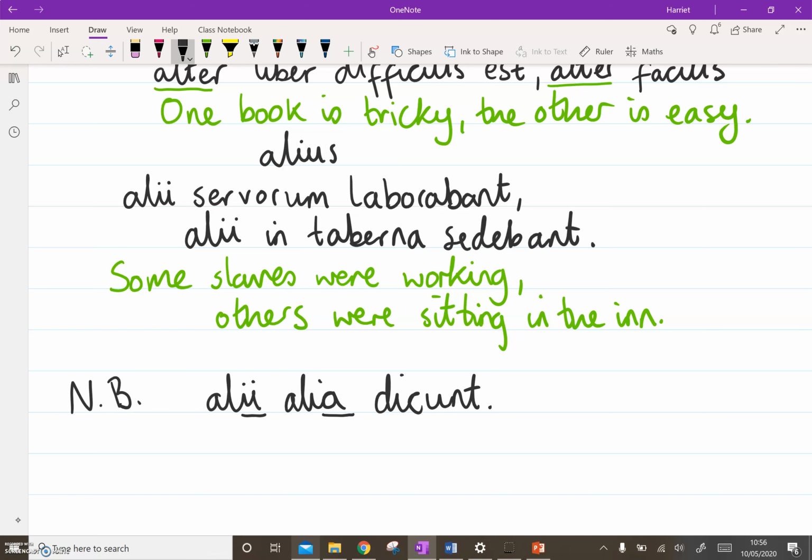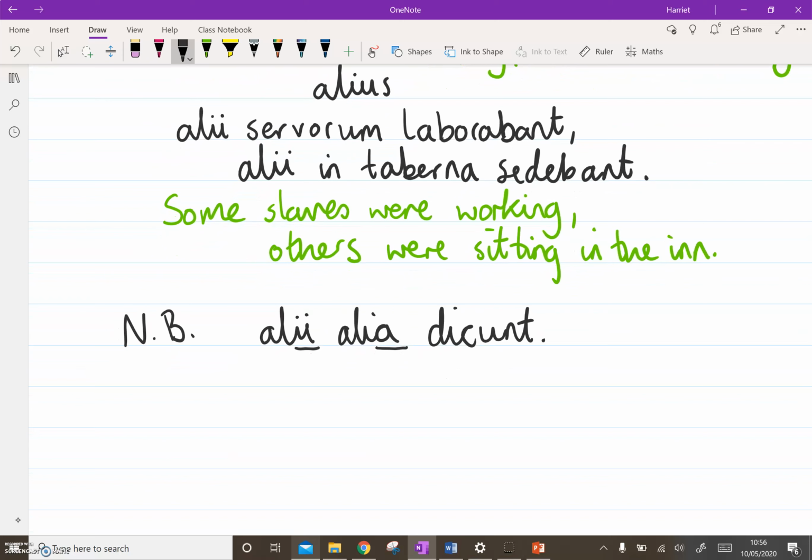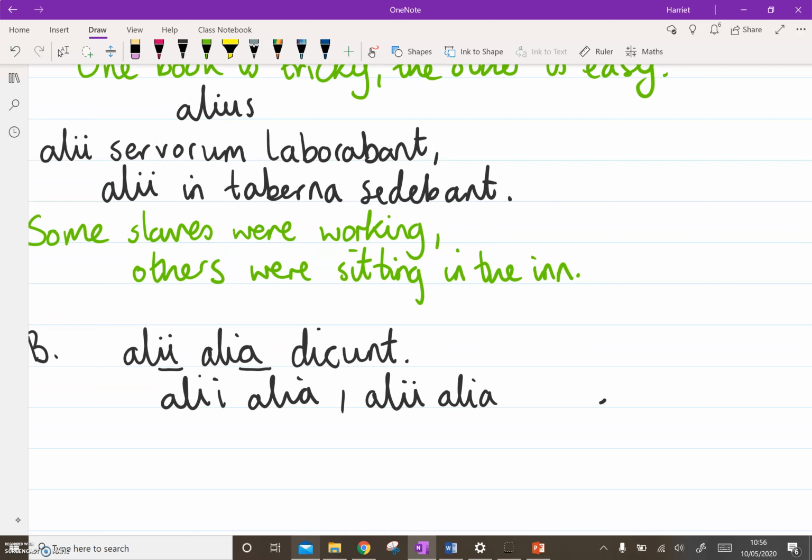And the reason for this is it's a shortened version of alii alia, alii alia dicunt. So this is a shortened version of the sentence: some men say some things, other men say other things. If that is confusing, don't worry.